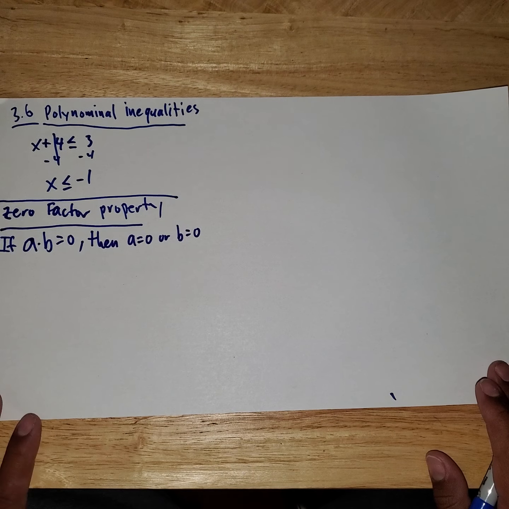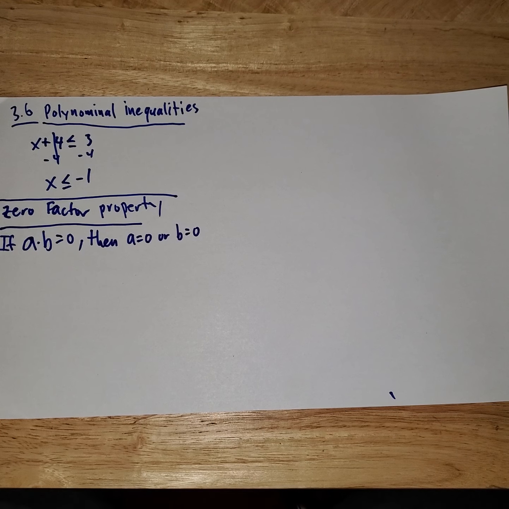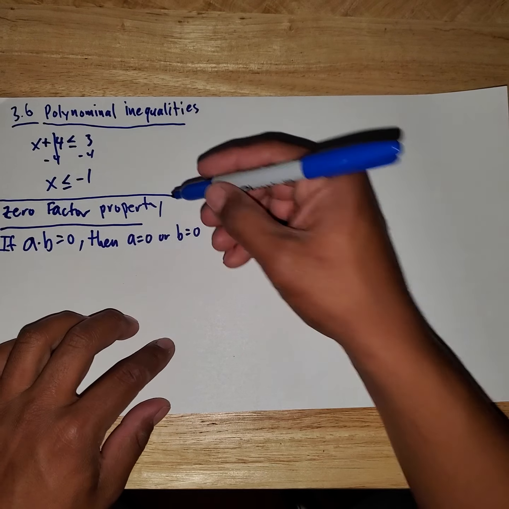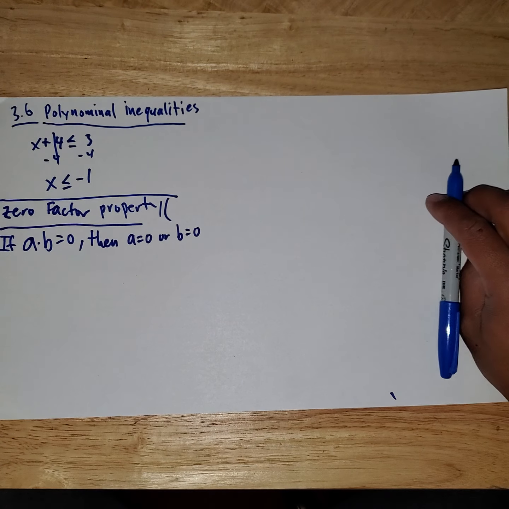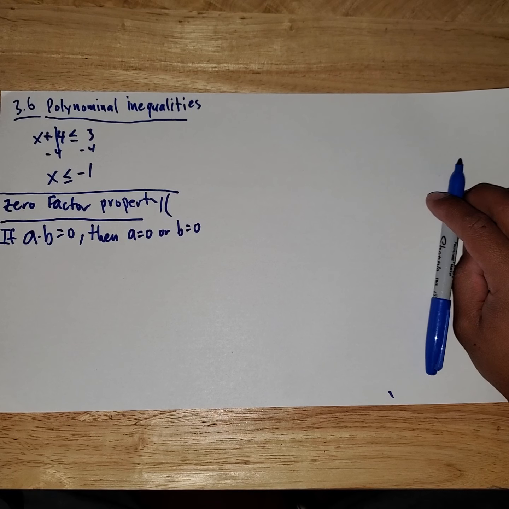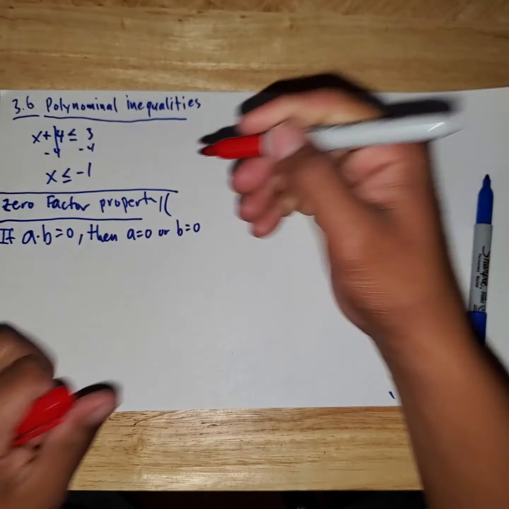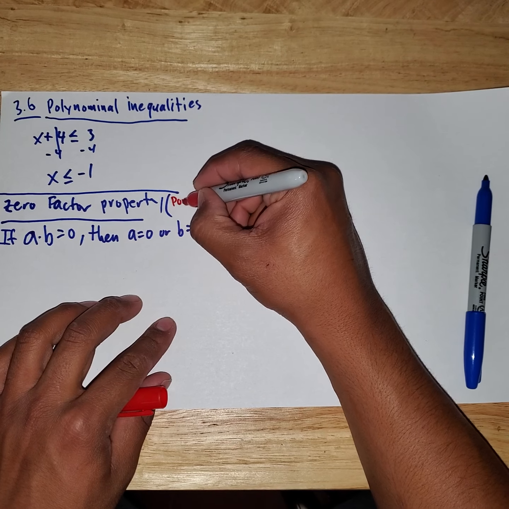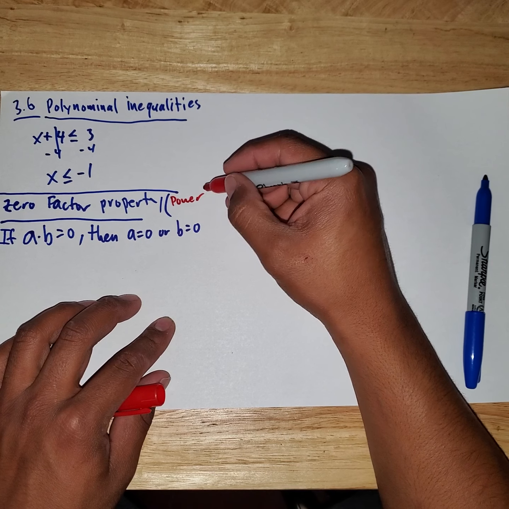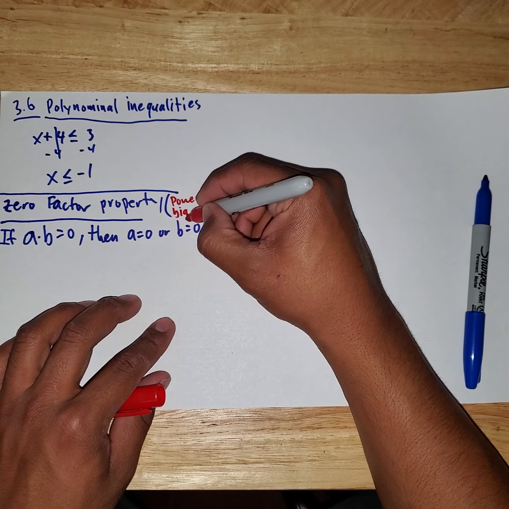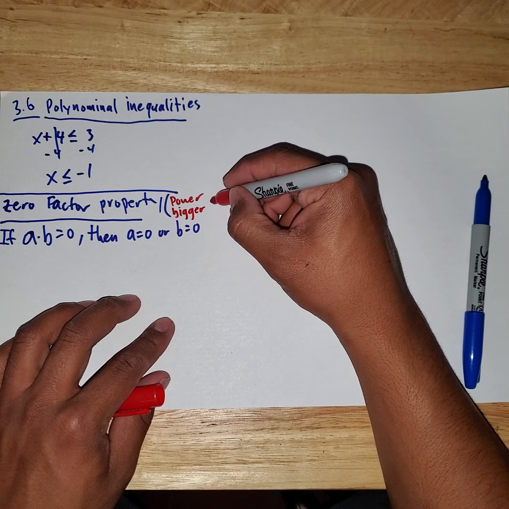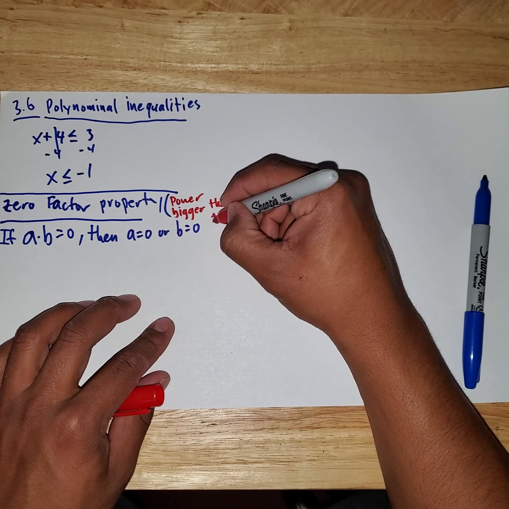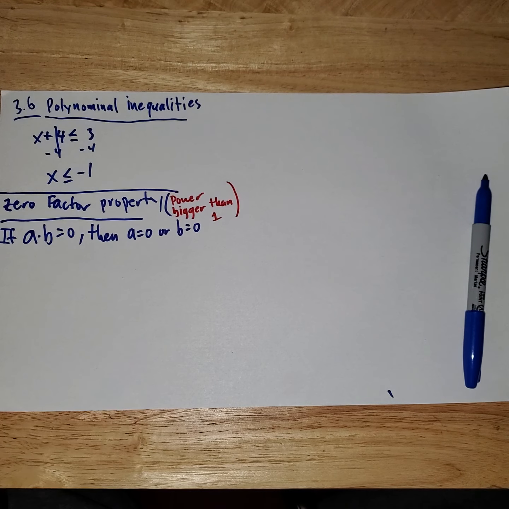And that was just, in general, it could be a times b times c times d, and that could be equal to 0. And this was whenever we saw a power greater than 1. When you saw a power bigger than 1, that's when we did that.